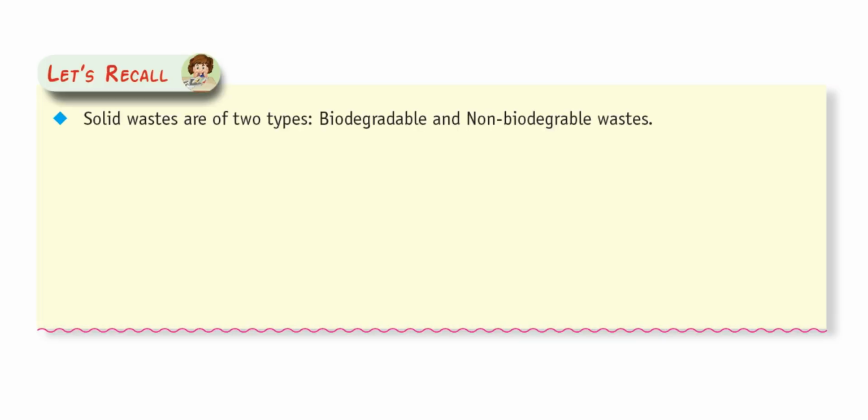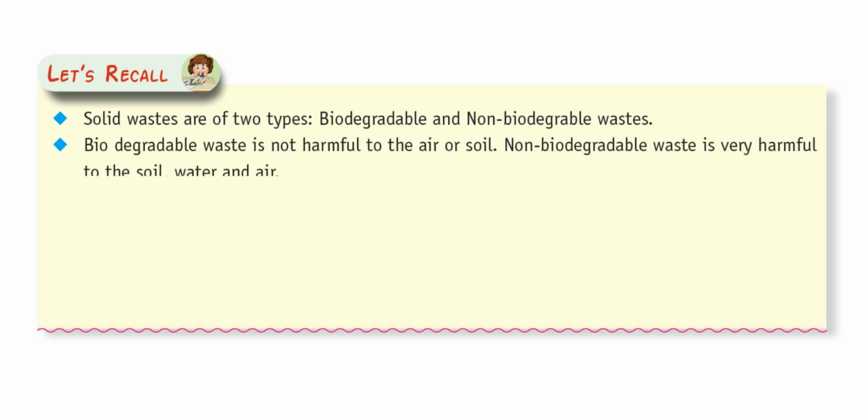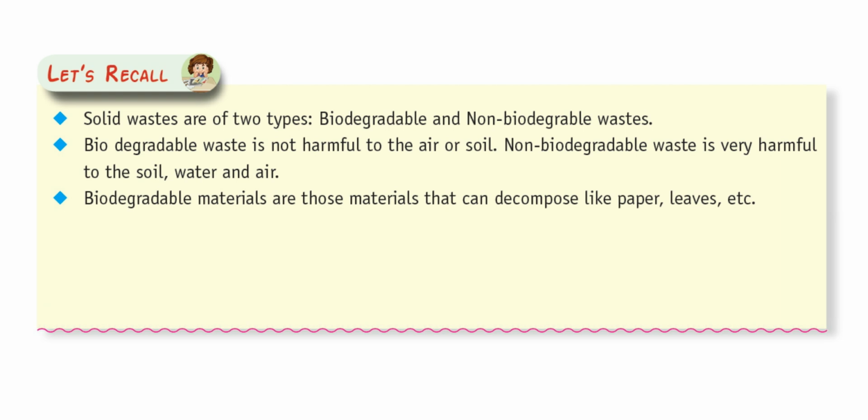Let's recall. Solid wastes are of 2 types, biodegradable and non-biodegradable wastes. Biodegradable waste is not harmful to the air or soil. Non-biodegradable waste is very harmful to the soil, water and air.